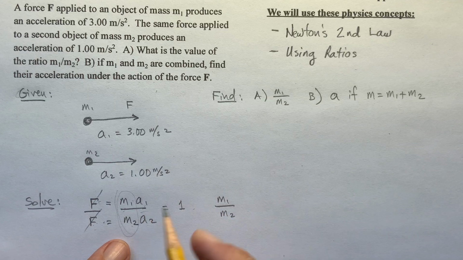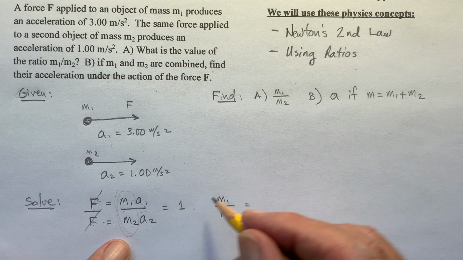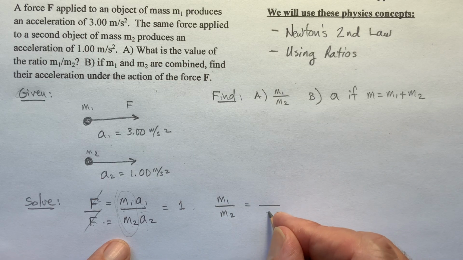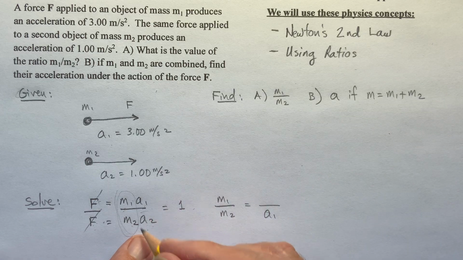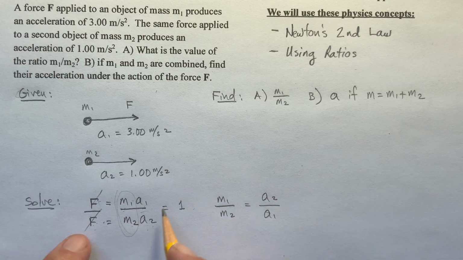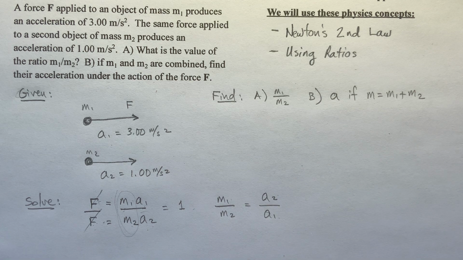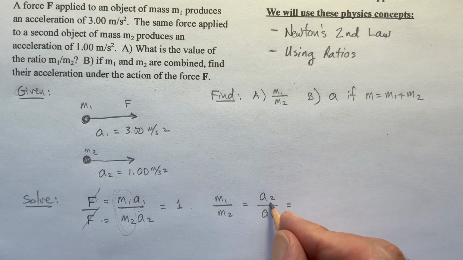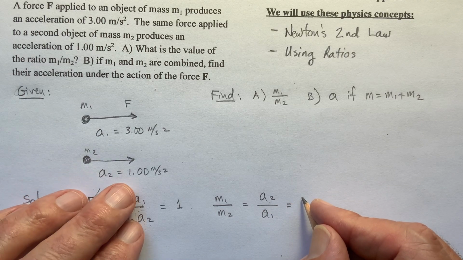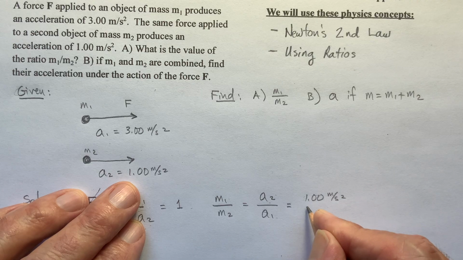We'll divide both sides by a1, so you get a1 on the bottom here, and then multiply both sides by a2. You can do the algebra here, right? Solving for m1 over m2, you get a2 over a1. Cool. And we know what this is. We know what a2 is, 1.00 meters per second squared.